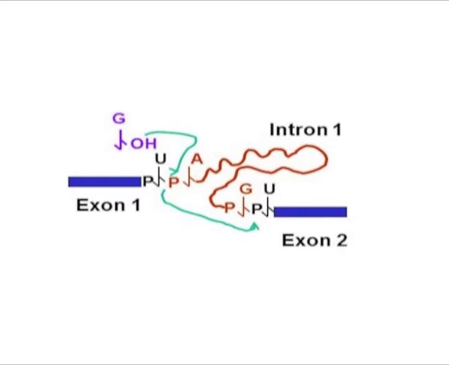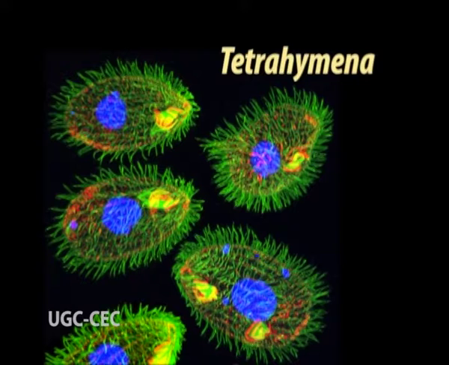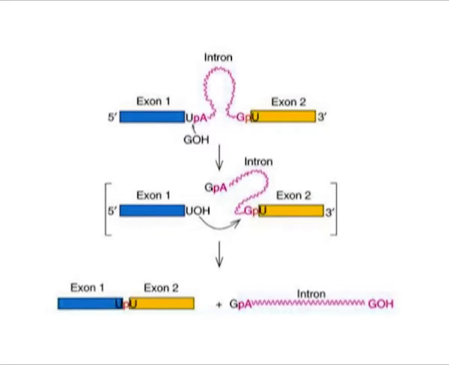Autocatalytic excision of the intron in the Tetrahymena rRNA precursor requires no external energy source and no protein. Instead, the splicing involves a series of phosphoester bond transfers with no bonds lost or gained in the process.